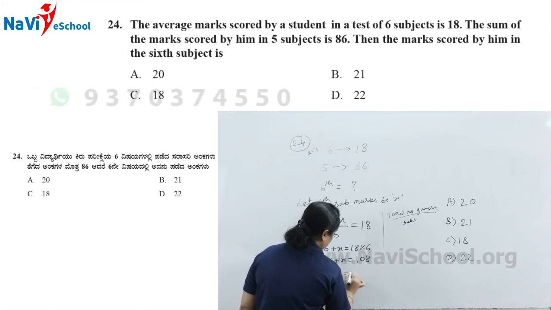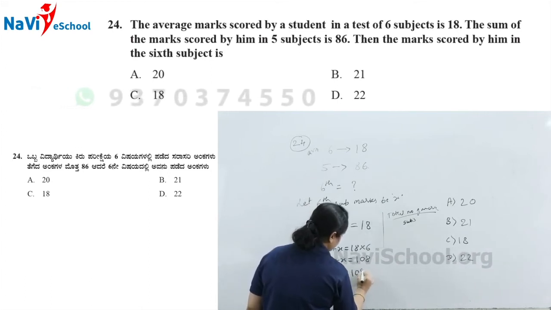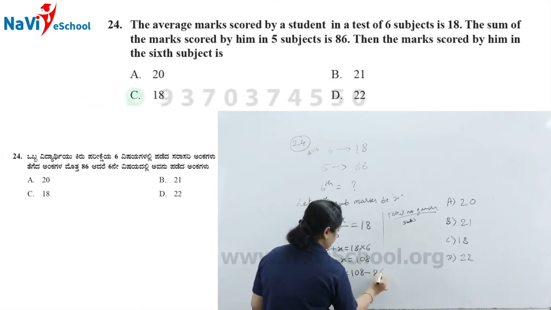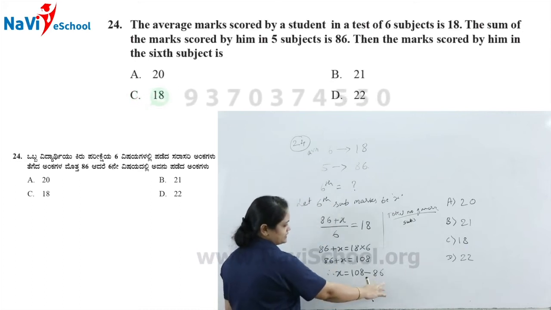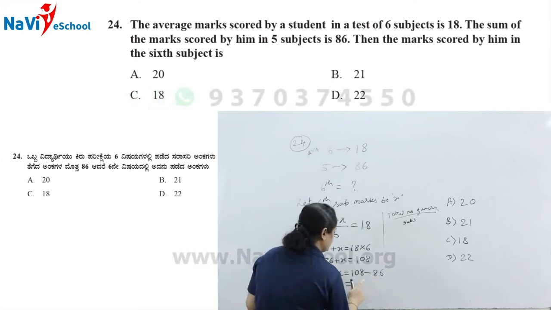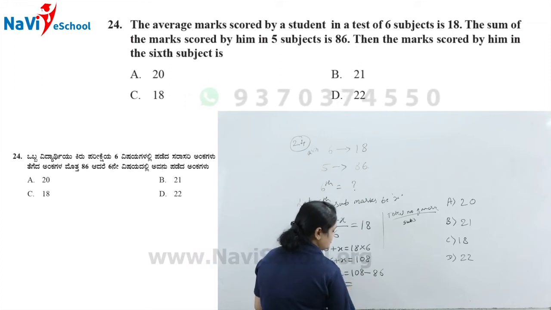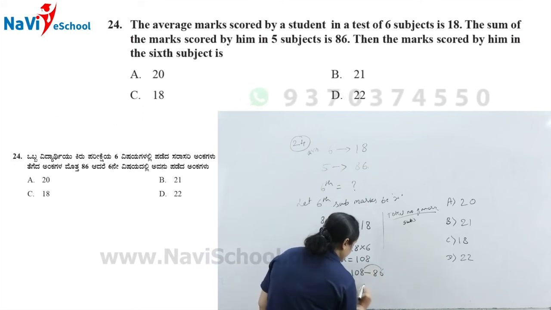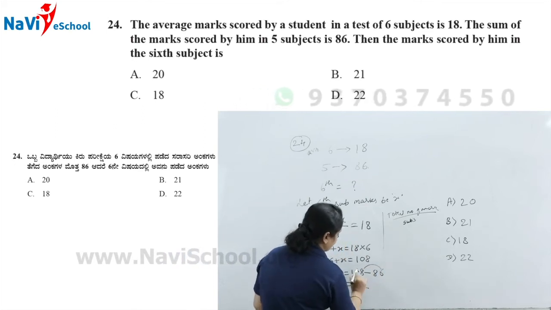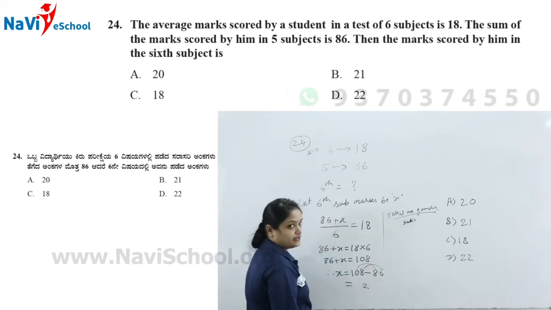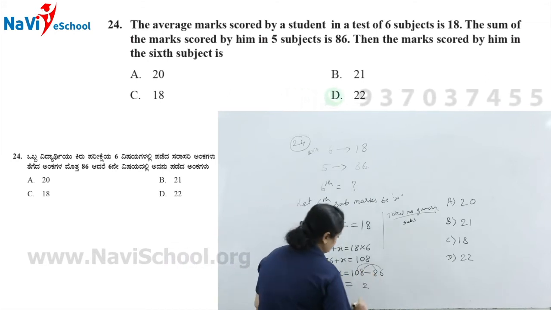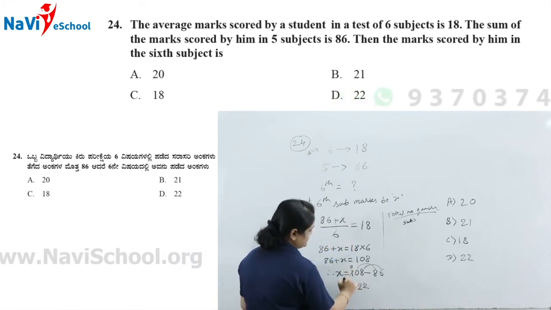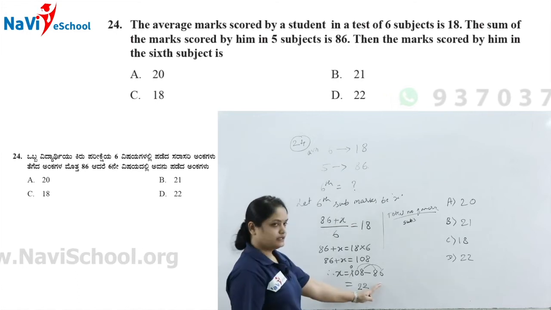Therefore, X is equal to, keep 108 as it is, bring 86 to this side, you will get X is equal to 108 minus 86, that is, remove 86 from 108. 8 minus 6 gives you 2. 10 minus 8 gives you how much? 2. It will become 0. Is that clear?